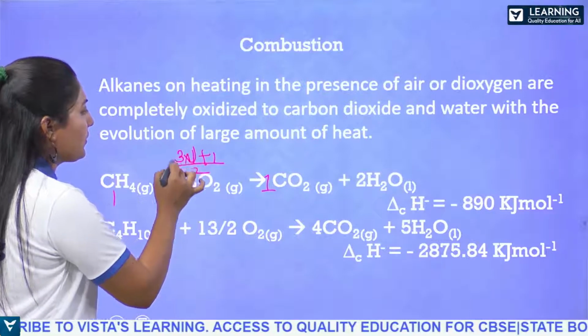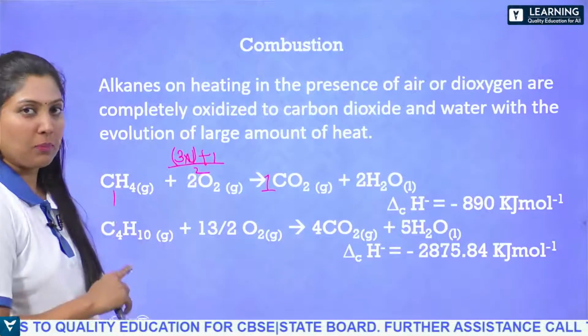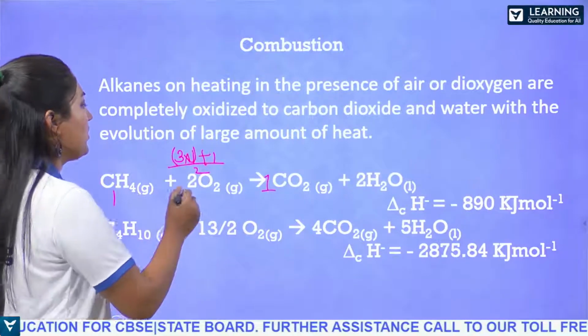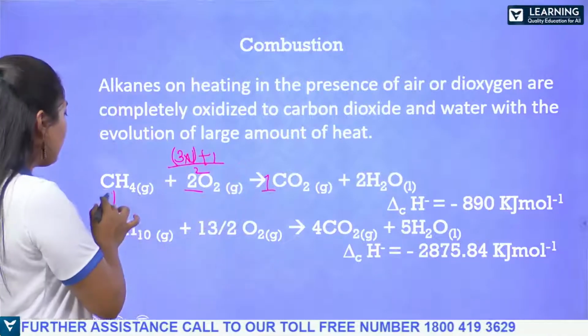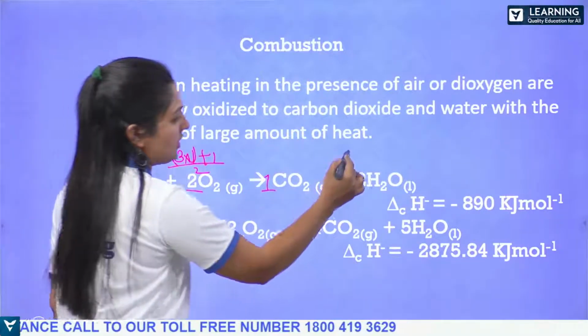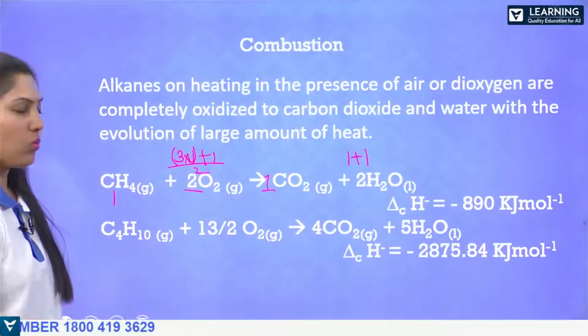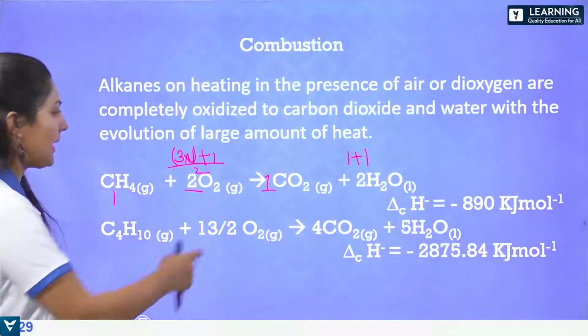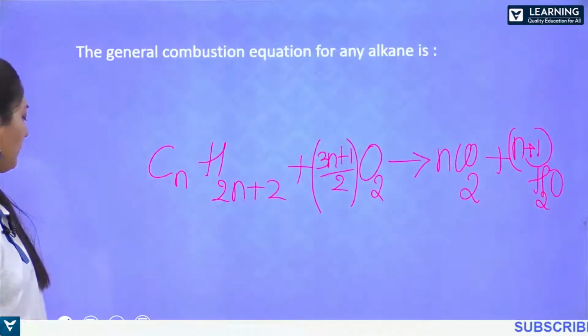So 3 into 1 is 3, 3 plus 1 is 4, 4 by 2 is 2. So we have 2 oxygen molecules, which gives rise to n is 1, n plus 1 is 1 plus 1, which gives you 2 molecules of water. Similarly, when we take this, I'll just write it over here so that you can understand better.